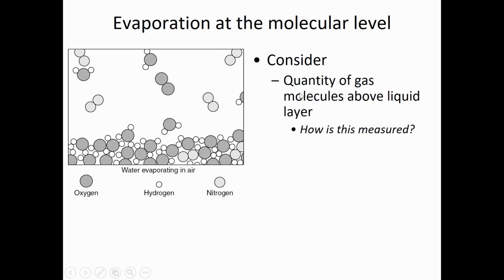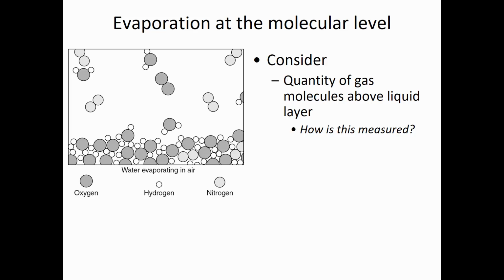Do you know how we measure the amount of gas molecules above a liquid layer? Atmospheric pressure talks about all of the different things that are in the atmosphere, like the nitrogen, oxygen, some helium, carbon dioxide. But each of the gases can be measured as a partial pressure. Do you remember talking about partial pressures in chemistry?